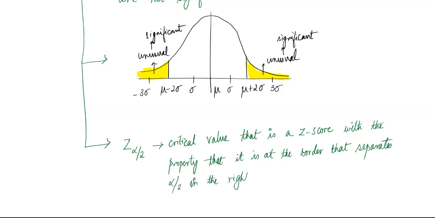Please remember that, okay? Because you do have two tails here, right and left. We would focus on the right tail of the standard normal distribution.